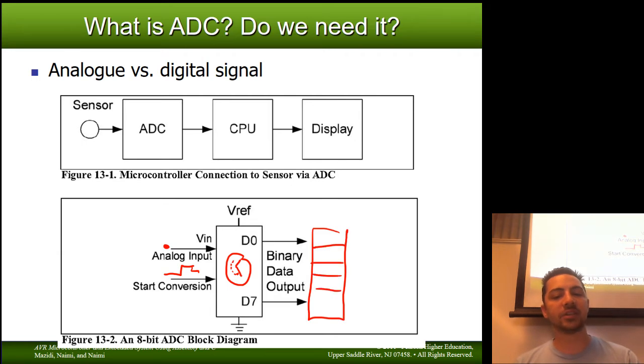a digital output, some number of bits. Now, in this case, this is an 8-bit ADC. That means it can represent 256 different voltage levels. And the way it determines what those are is there's some reference voltage. Actually, there's two. There's a high and a low reference voltage.